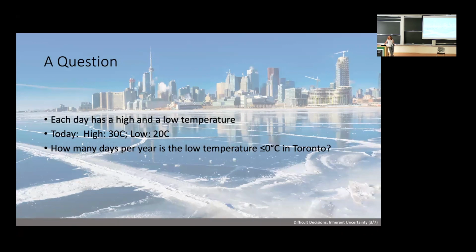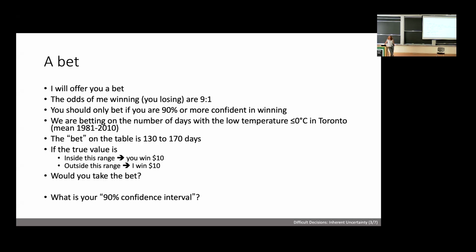Okay. If I offer you a bet, the odds of me winning and you losing are 9-1. That means you should only bet if you're 90% sure that you will be winning. If you're betting on the number of days with the low temperature equal or below 0 in Toronto, I'm looking at the average over 30 years from 1981 to 2010.